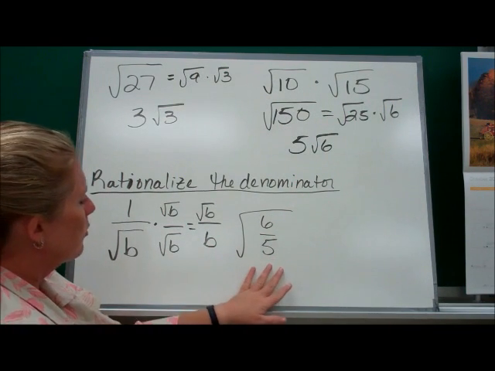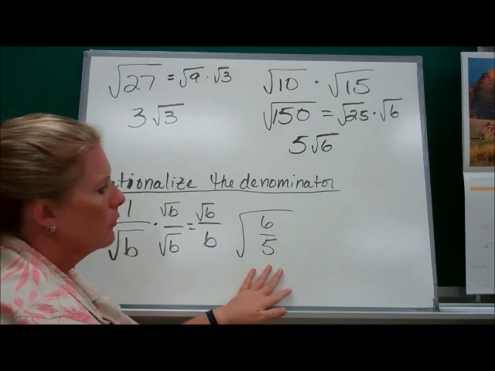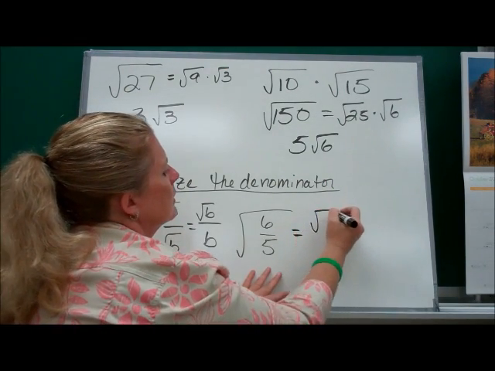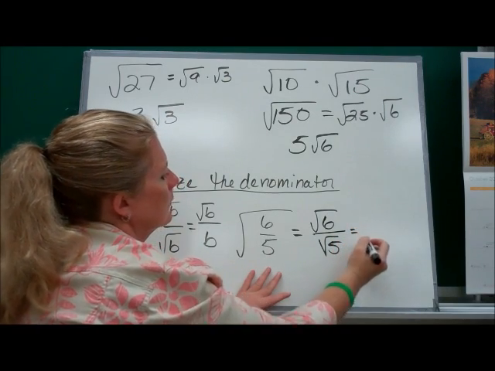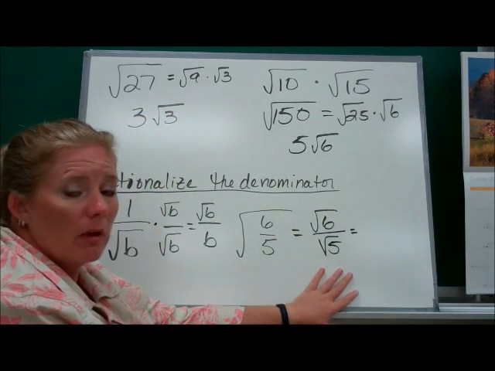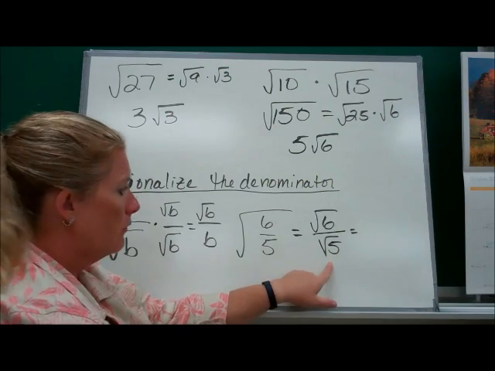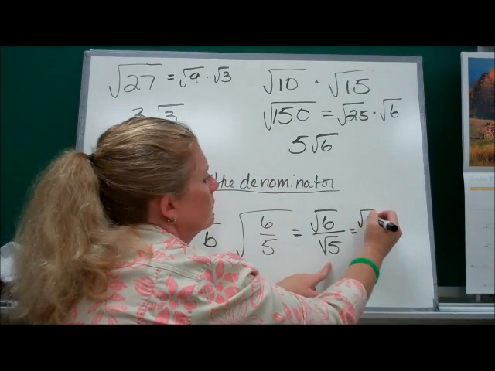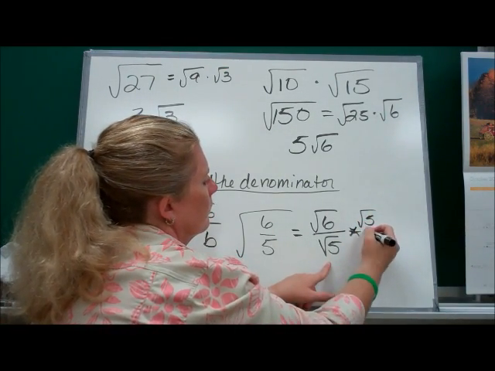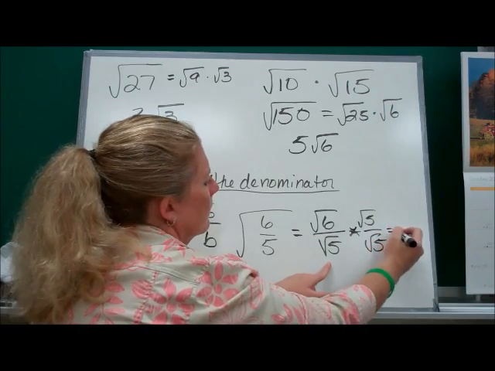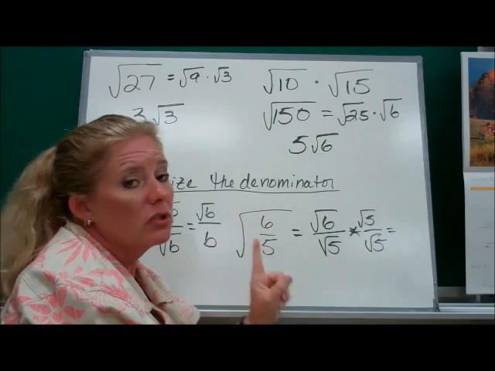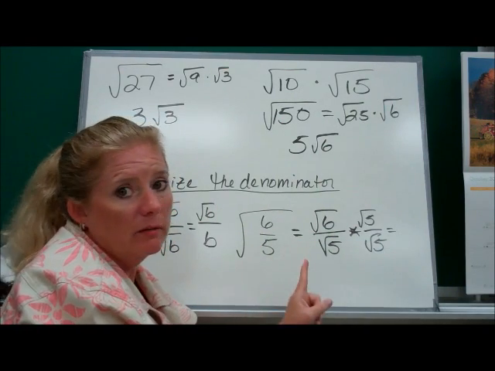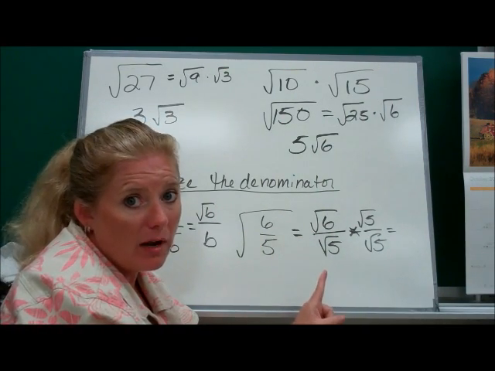Okay, so here's another problem. The square root of 6 over 5. Well, this is equal to the square root of 6 over the square root of 5. So what we're going to do is multiply by the square root of 5 over the square root of 5. 6 times 5, numbers under radicals can be multiplied by other numbers under radicals.